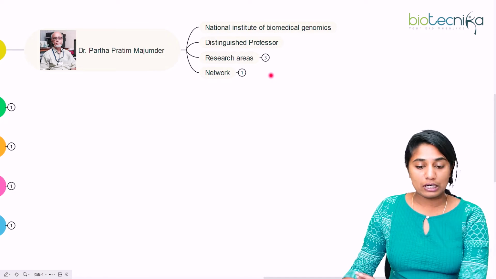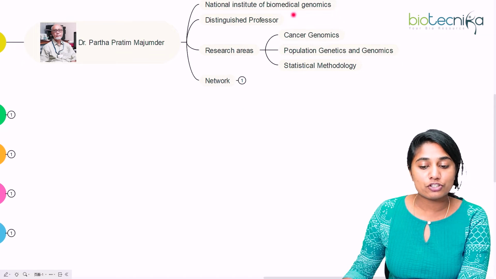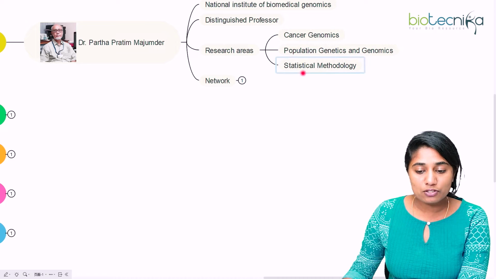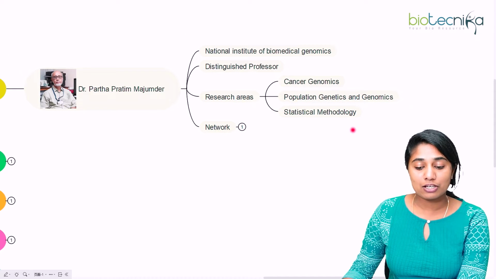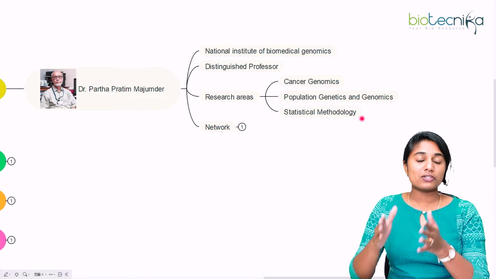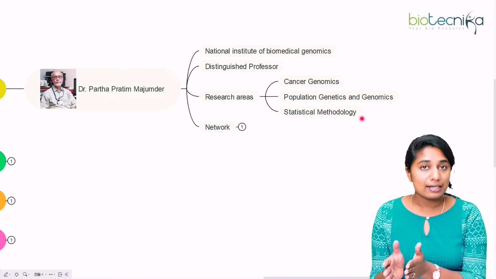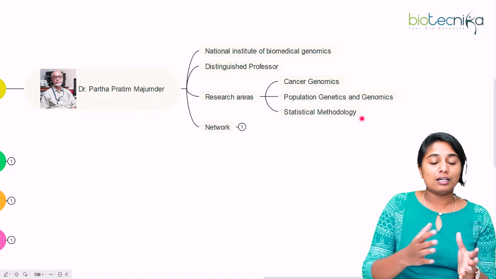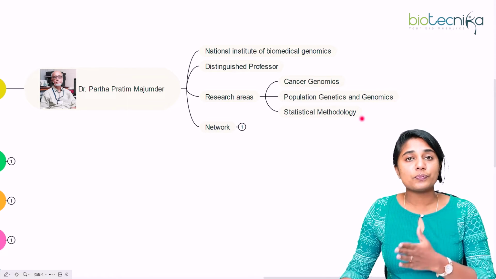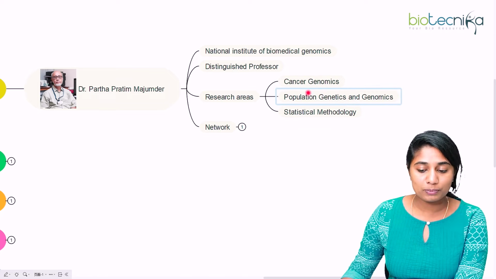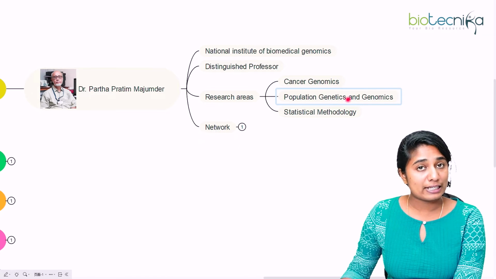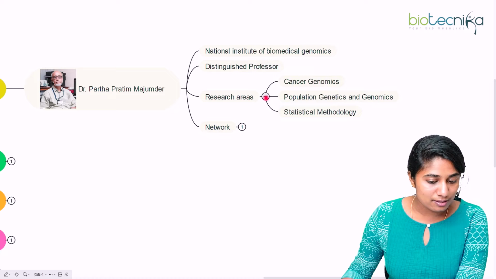His research areas are cancer genomics, population genetics and genomics, as well as statistical methodology, because his PhD is in statistics, but he has done his research mostly on the biotech and life science side, that is on cancer genomics and population genetics as well. So these are his research areas.